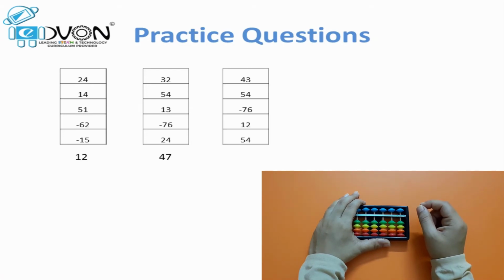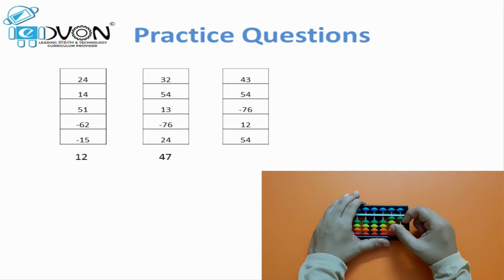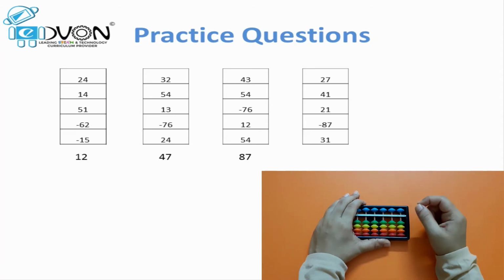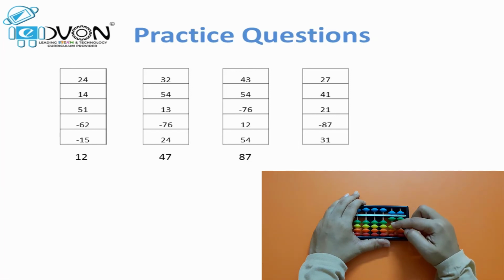Next question. 43 plus 54 minus 76 plus 12 plus 54. Answer 87. Two more questions. 27 plus 41 plus 21 minus 87 plus 31.